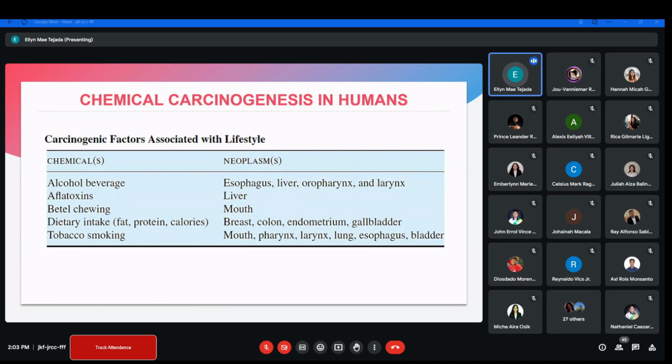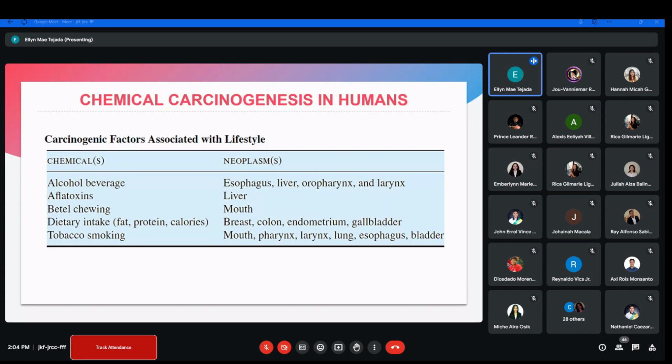Okay, so some of the carcinogenic factors could be associated with lifestyles. So these are the things that we need to check on in humans or in patients. Some of these chemicals could be alcoholic beverages, and the neoplasms that could be affected are your esophagus, liver, oropharynx, and larynx. Aside from that, we have the aflatoxins.